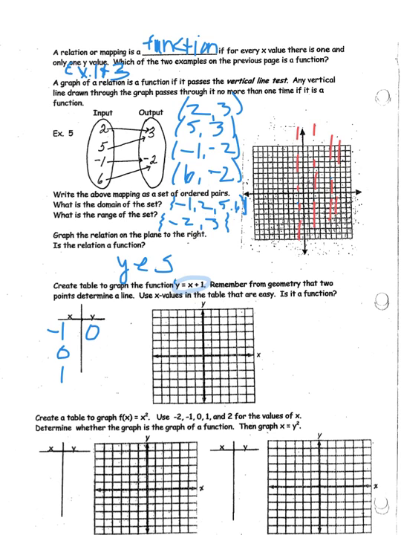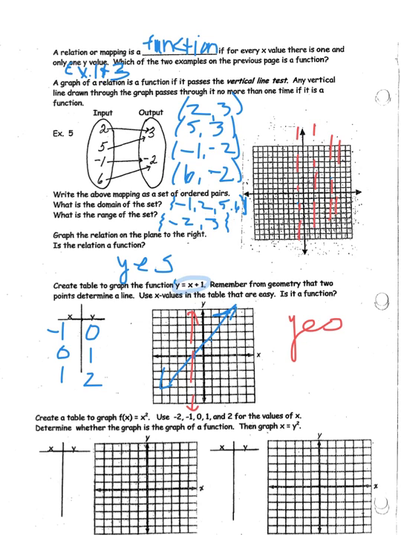If we substitute 0, we'll get 1. And if we substitute 1, we'll get 2. We'll plot these points, and we'll draw our graph, which is the graph of a line. Is it a function? Yes, it passes the vertical line test. The vertical line will only hit that graph in one point, so yes, it is a function.